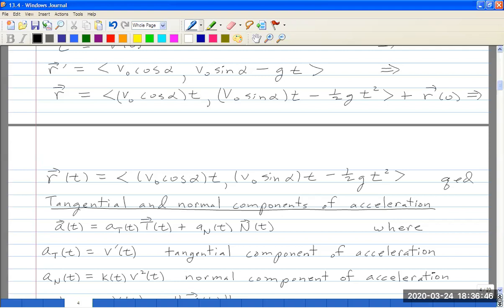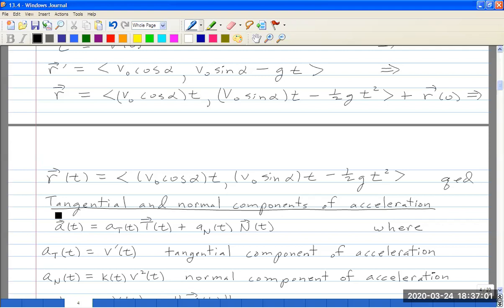The tangential and normal components of acceleration. So I can write the acceleration in the following frame, the tangential and normal frame.